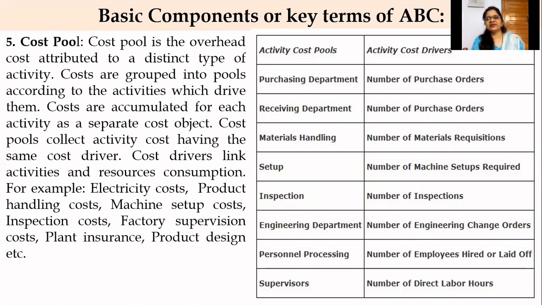Again, we can see here we have some same cost drivers used. Number of material requisitions, number of machine setups required, number of inspections, number of engineering change orders, number of employees hired, number of direct labor hours. These are the cost drivers for these cost pools.